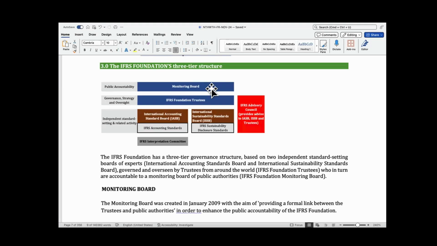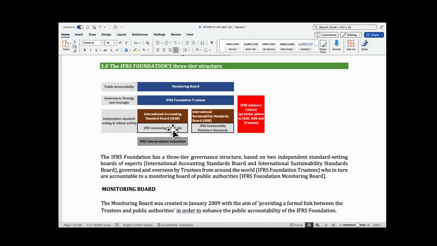The topmost is the monitoring board. They are the top guys there, followed by the IFRS Foundation trustees. Then we have the standard setting bodies, the IASB and the ISSB. So it is in three tiers like that.